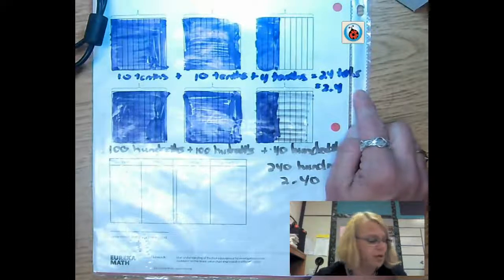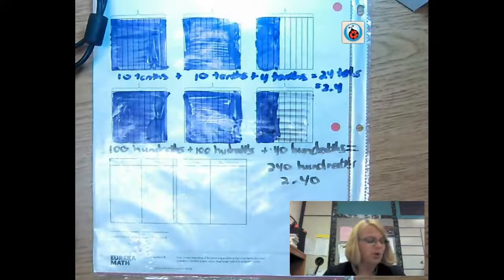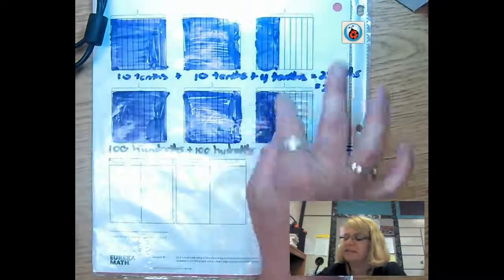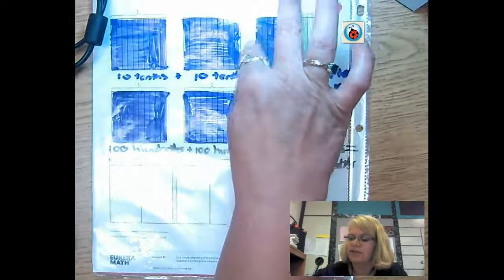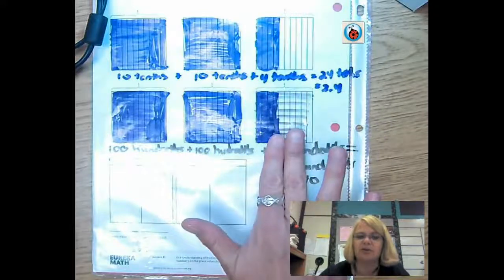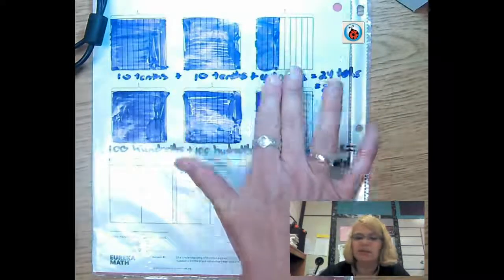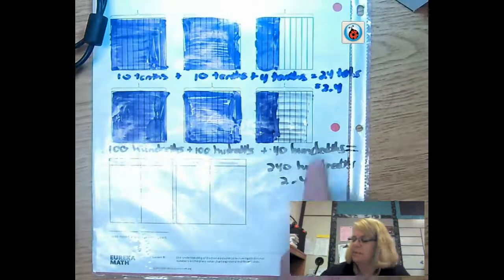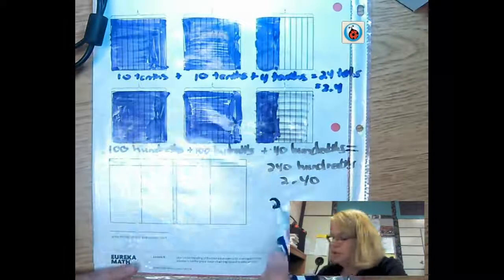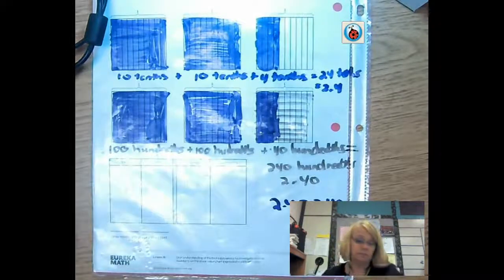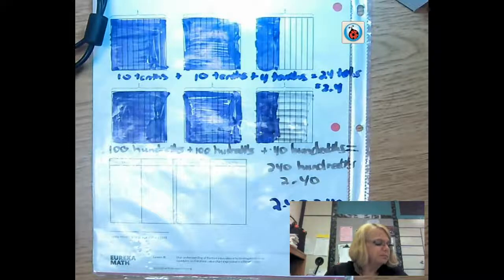So you're right, it is equivalent. 4 tenths is the same. 4 tenths is here, 40 hundredths here. It's the same amount shaded. It's identical, so it is the same. So this number and this number, 2.4, is equal to 2.40.